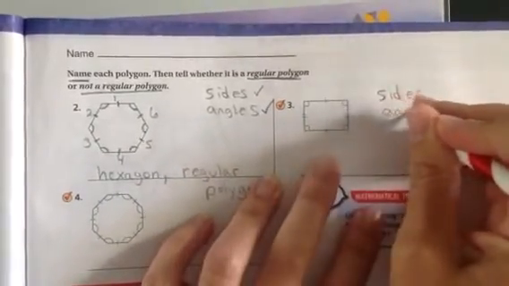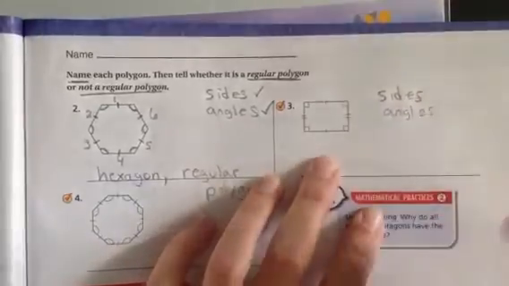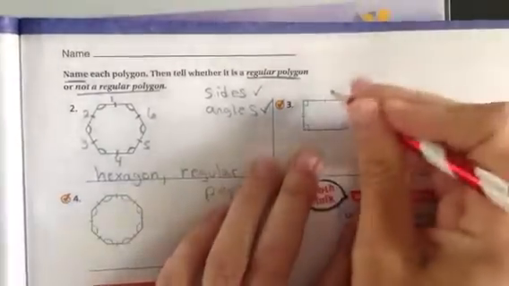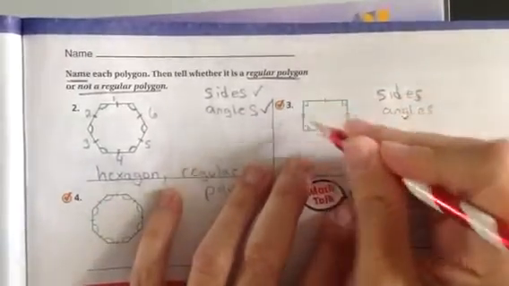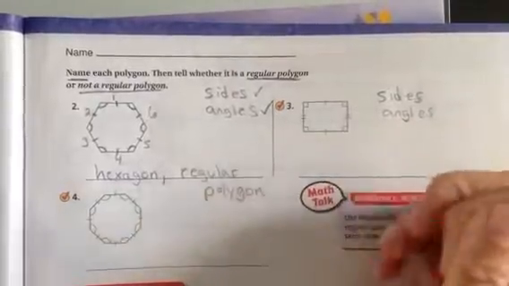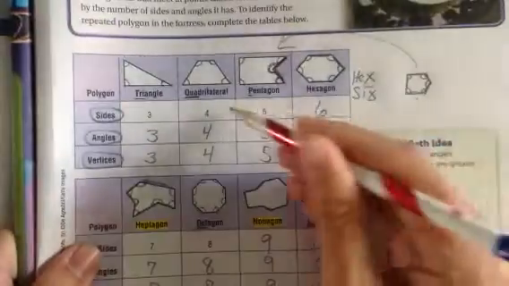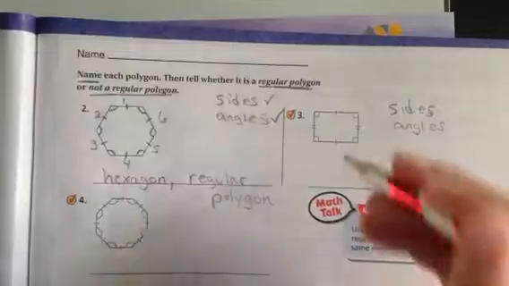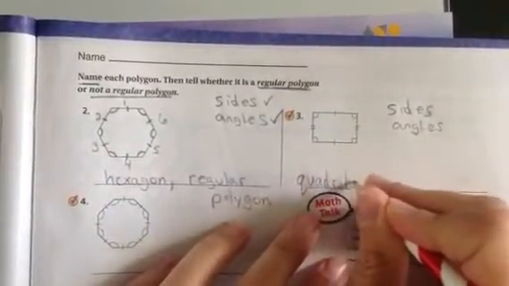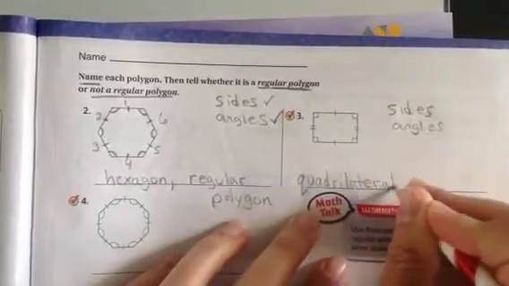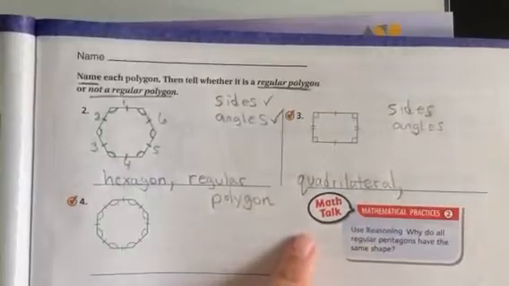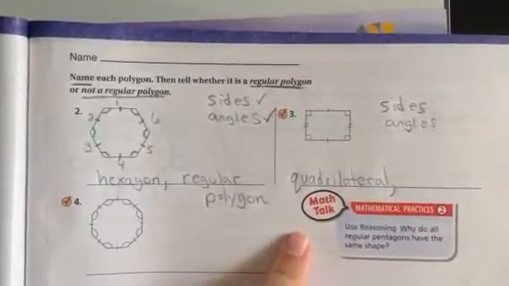Okay, so again, we're looking at the sides and angles when we're determining if it's regular or not regular. First, we're going to name it. So 1, 2, 3, 4. It's a 4-sided figure. That is going to be a quadrilateral. Now we need to determine if it has equal sides and equal angles.